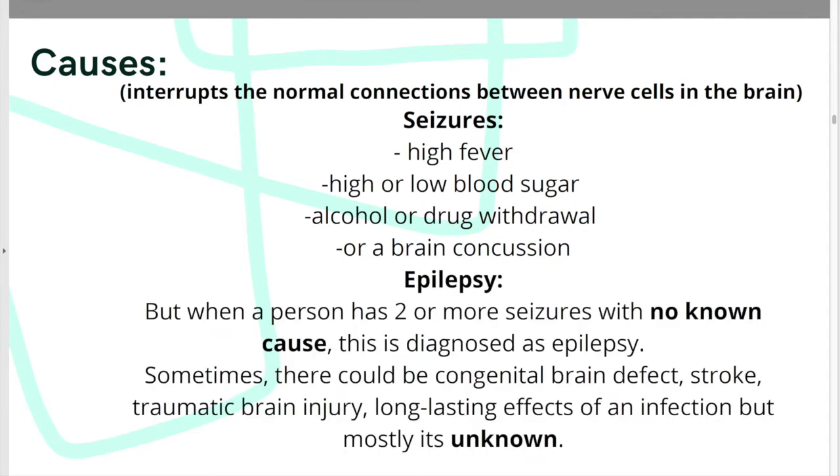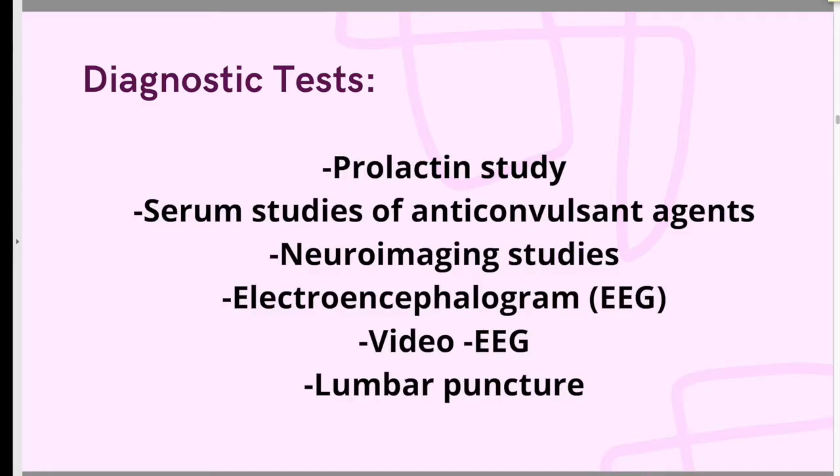While epilepsy is diagnosed when a person has 2 or more seizures with no known cause. Sometimes there could be a congenital brain defect, stroke, traumatic brain injury, long-lasting effects of an infection, but mostly it's unknown.